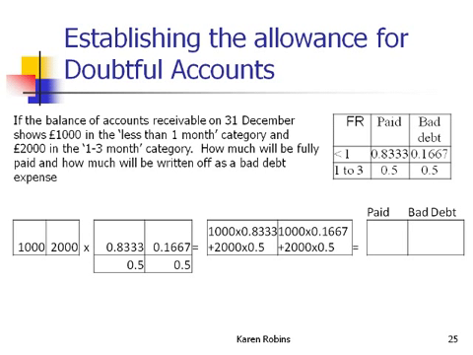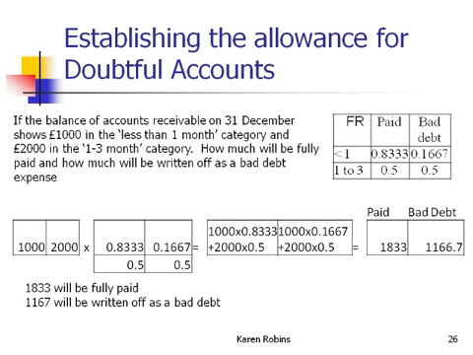So if we wanted to know how many people would go from a non-absorbing state of less than 1 month in arrears or 1 to 3 months in arrears to being fully paid or a bad debt situation, we simply pre-multiply the number of people into the FR matrix, and we do the row by the column again. 1,000 times 0.833, 2,000 times 0.5 goes in the first position, 1,000 times 0.1667, and 2,000 times 0.5 goes in the second column.